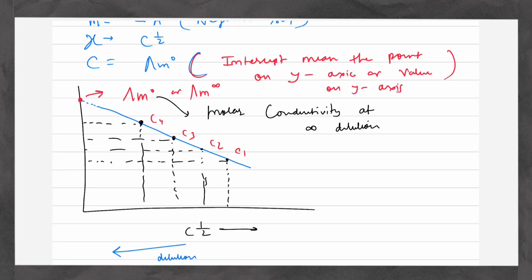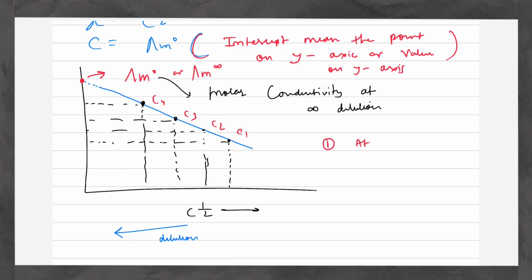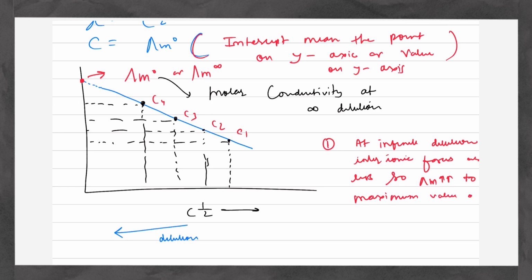We can easily conclude two or three points from this graph. At infinite dilution, interionic forces are less, so del m increases to the maximum value of del m naught.